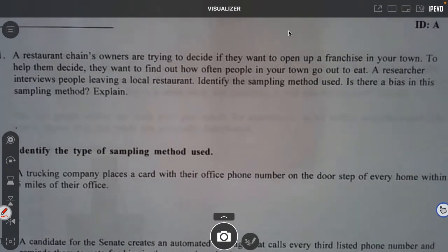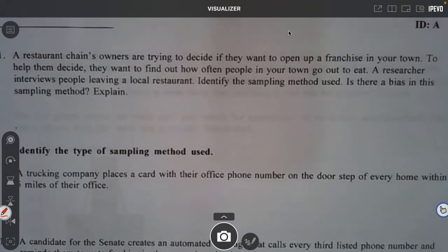A restaurant chain's owners are trying to decide if they want to open up a franchise in your town. To help them decide, they want to find out how often in your town people go out to eat. A researcher interviews people that are leaving a restaurant. What is this method that they used? It's convenience, because they just went to one little place and they're asking people.